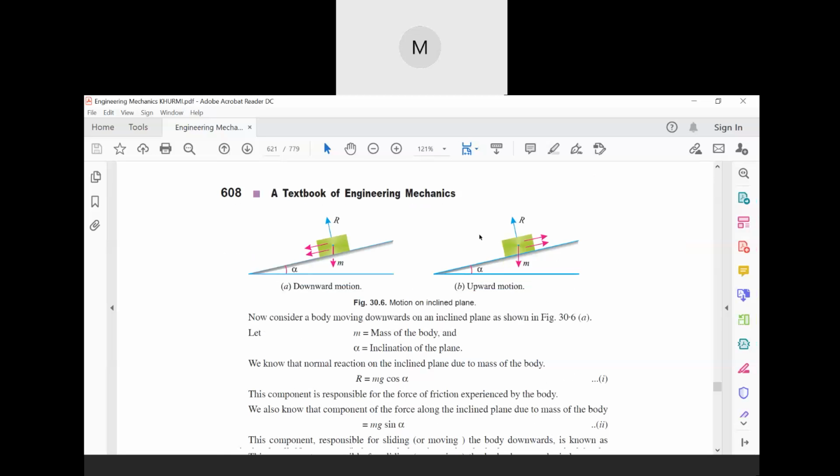If you see this figure, here this is an inclined plane, right? Since this is an inclined plane, the body is in motion here. The body is moving either upwards or downwards, right? So if the body is moving either upwards or downwards, then we can say that the body is in inclined plane motion.